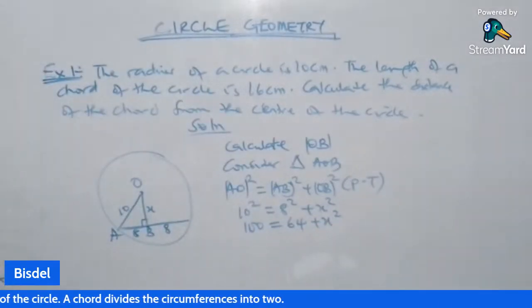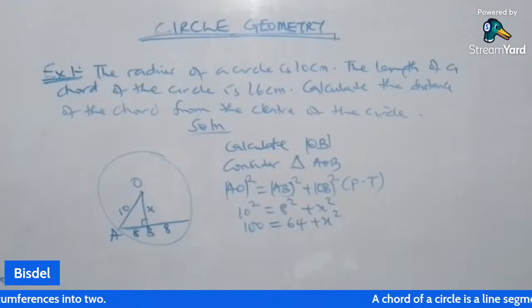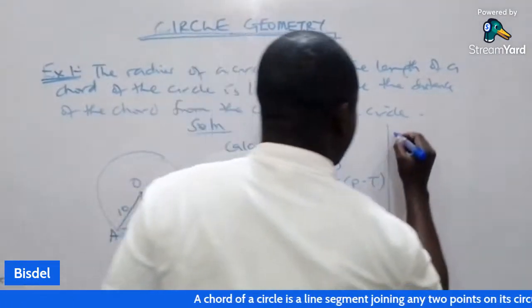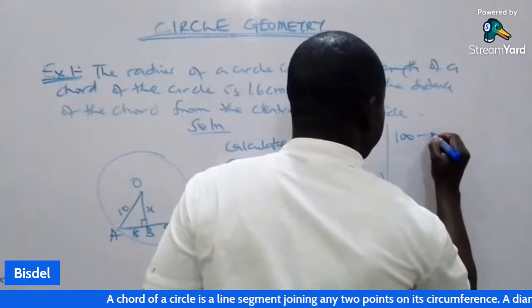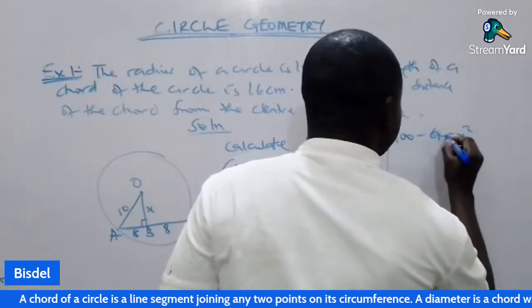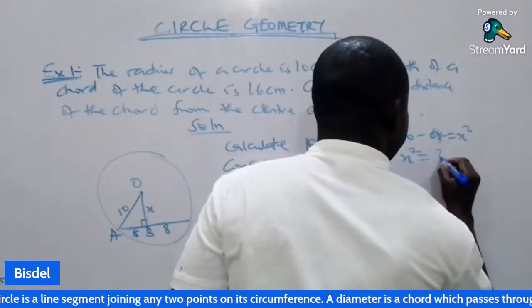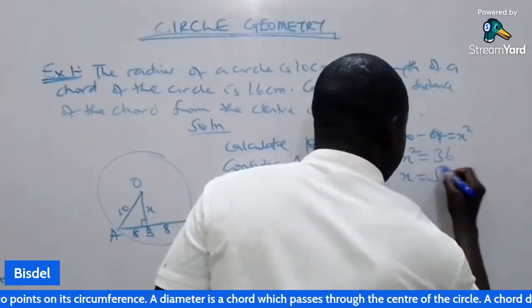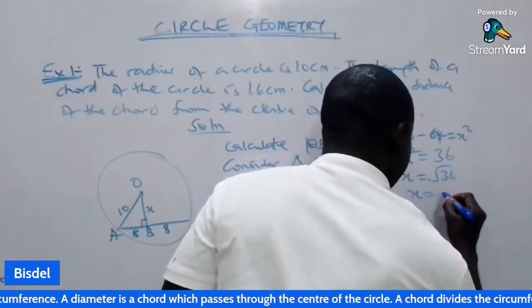So we now collect the like terms. From there, we can say that 100 minus 64 is equal to X squared. So that X squared is equal to 36. When we take the square root of both sides, X is equal to the square root of 36, then X is equal to 6.